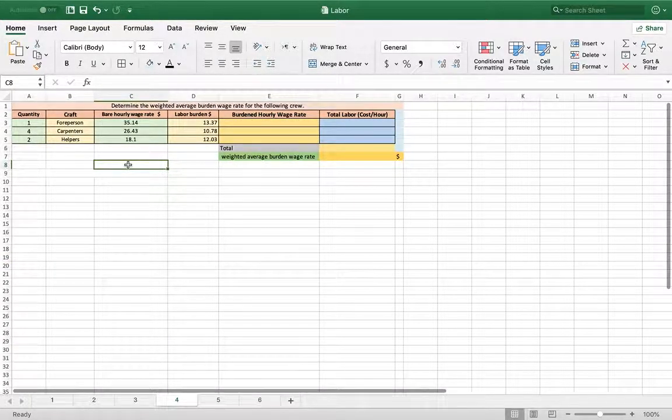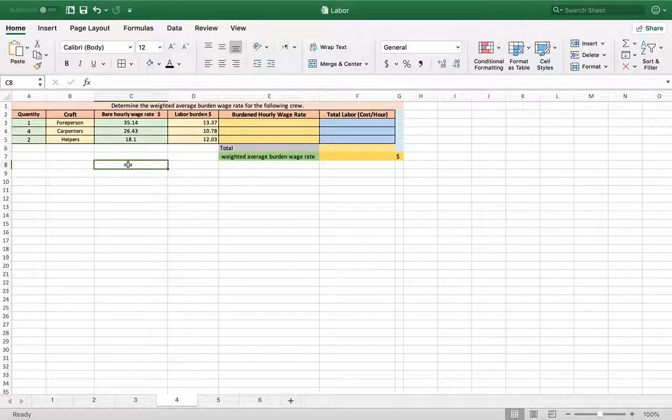Okay, the fourth question, determine the weighted average burden wage rate for the following crew. So the question gives us the quantity, the bare hourly wage rate, and labor burden. So first we need to find burden hourly wage rate.